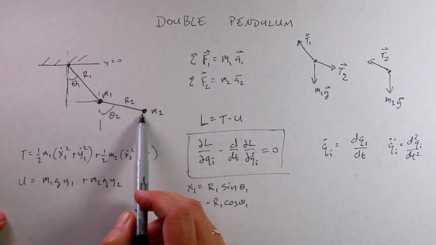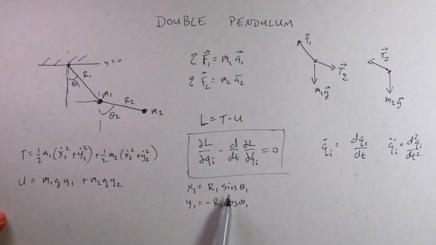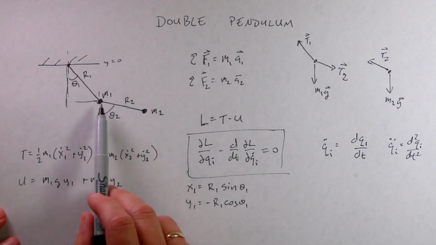Now, what about this mass over here? Well, that one's kind of tricky, right? Because I could do the same thing with r2 sine theta 2 and r2 cosine theta 2. However, that's the position of this relative to that.